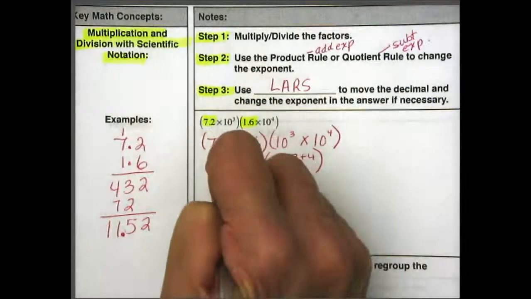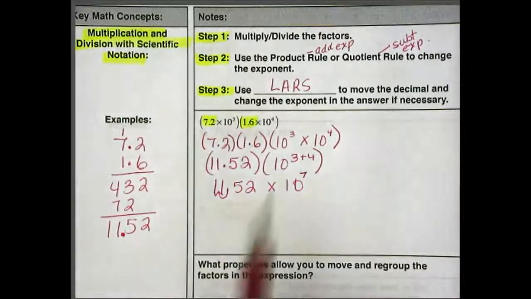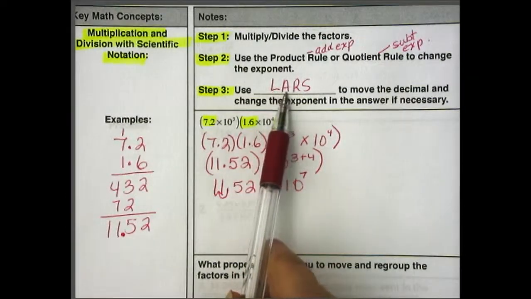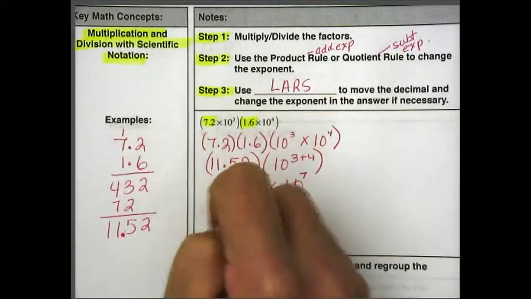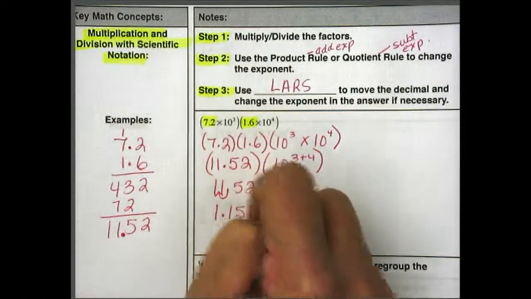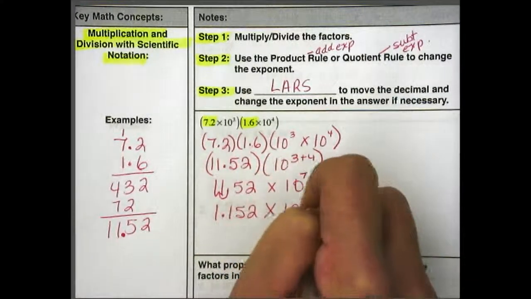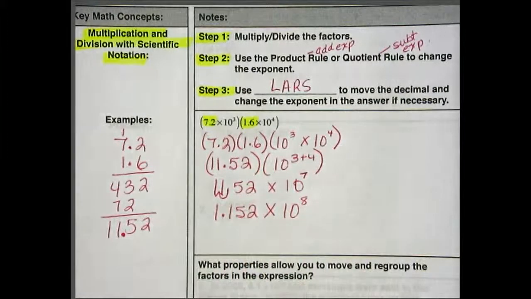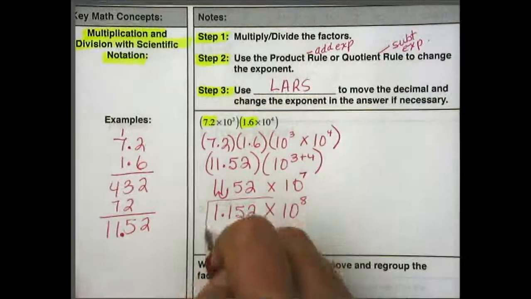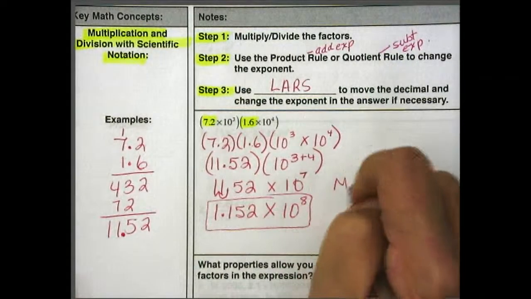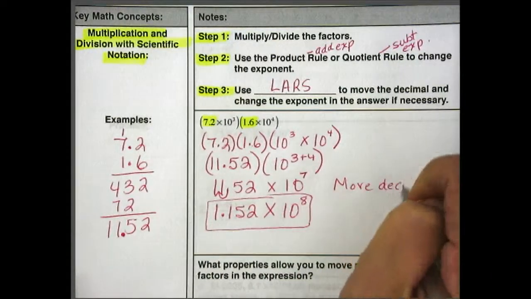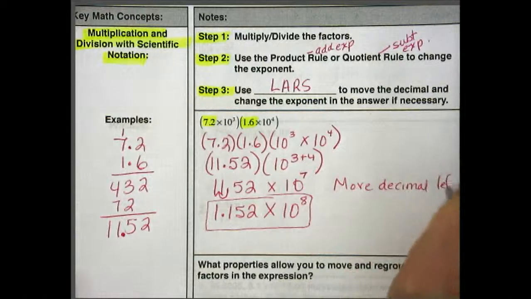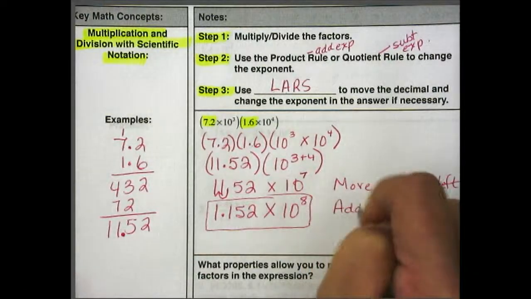So we're going to move our decimal 1 place to the left. Remember, when we move to the left, we add to the exponent. So 1.152 times 10 to the 8th power. So we move the decimal left. We added 1 to the exponent.